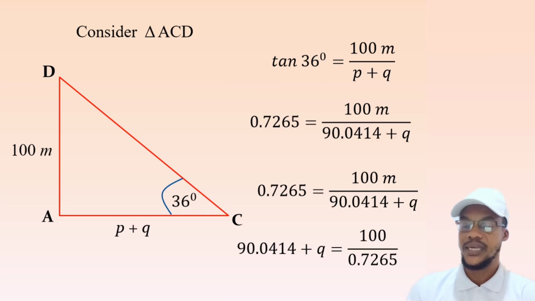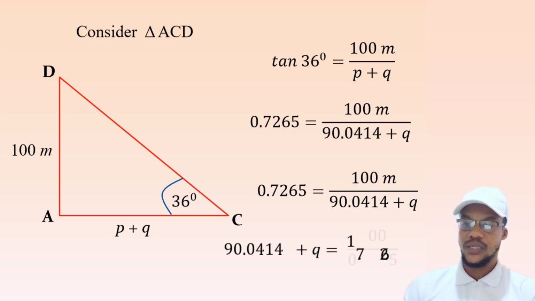Because the question said we should find the distance between B and C, which is the distance between the two towers. You know that Q in our case represents the distance between the two vessels. So whatever answer we get for Q, that is the distance between the two vessels.